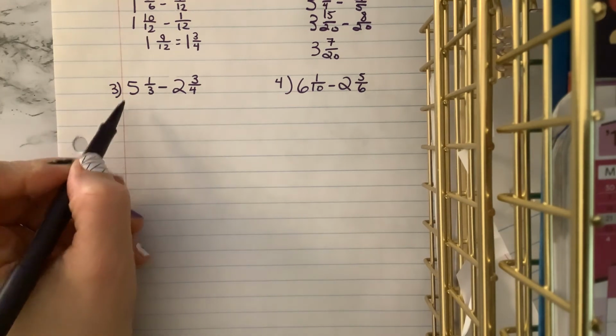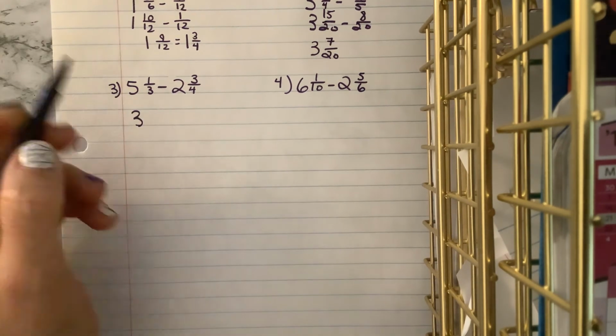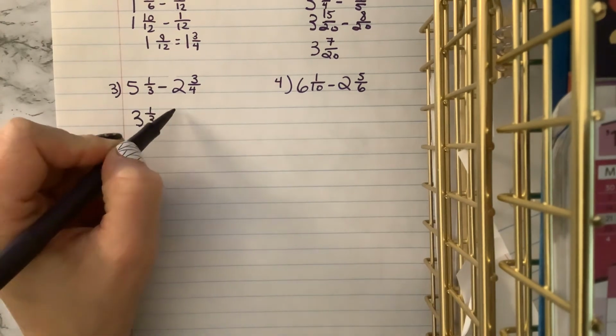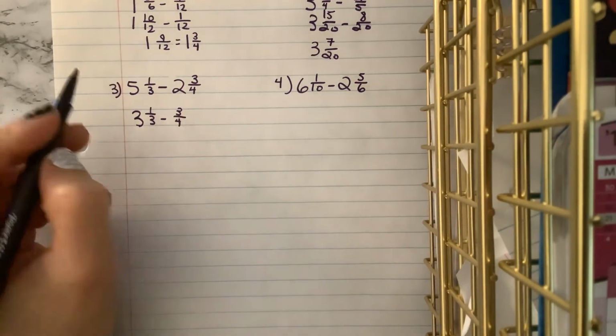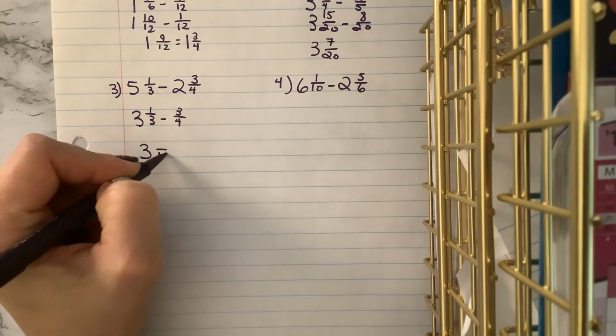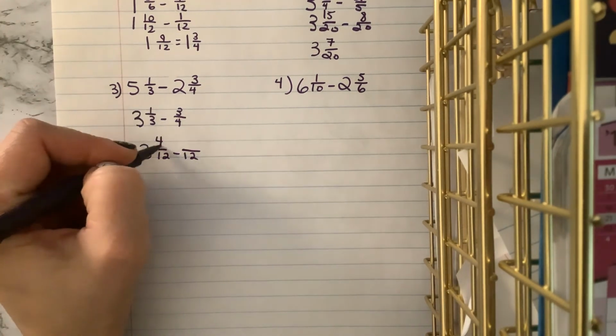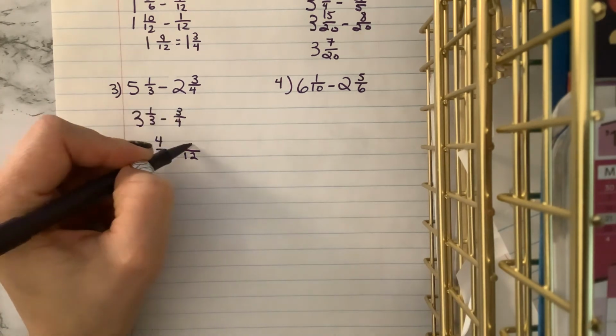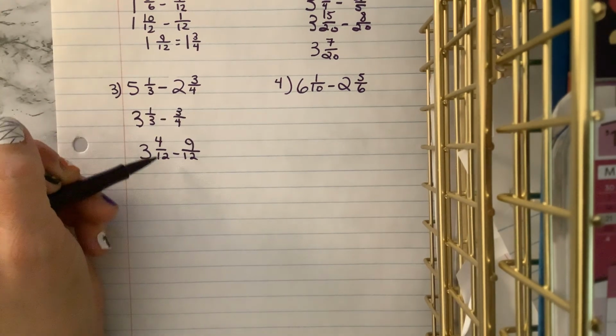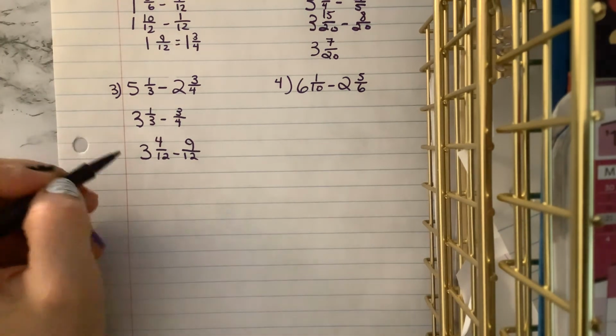So we start with our whole numbers. 5 minus 2 is 3. 3 1/3 minus 3/4. Now we find our common denominator of 12. 1/3 is 4/12. 3/4 is 9/12. So you can see, hopefully you saw that you can't do this subtraction.